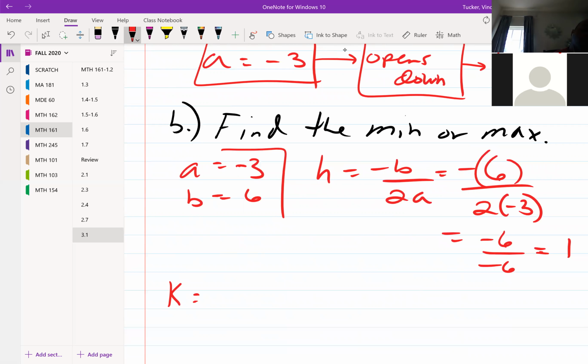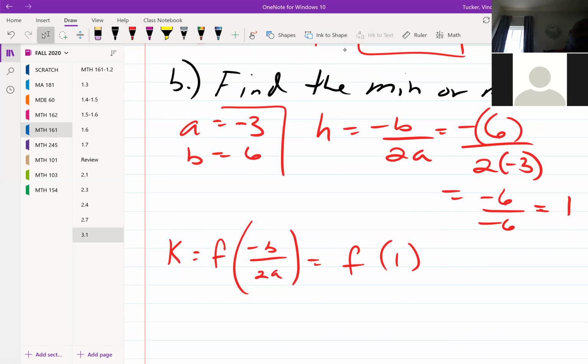And then k is to plug in negative b over 2a into the function. We just found negative b over 2a to be positive 1. So we're plugging in positive 1, so it'll be negative 3 times 1 squared plus 6 times 1 minus 13.